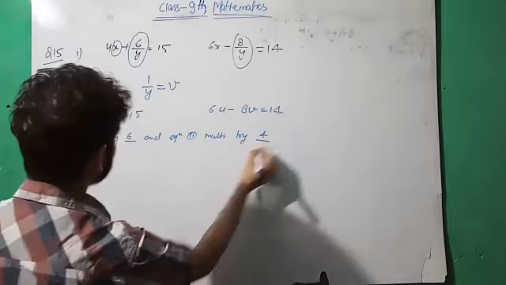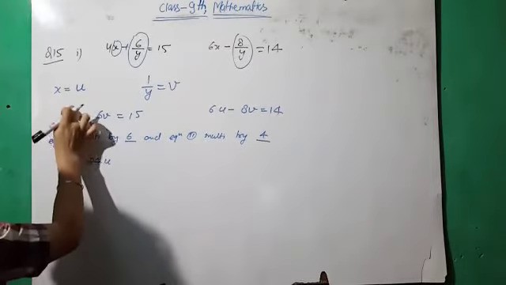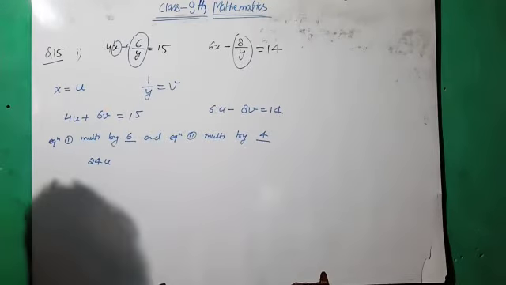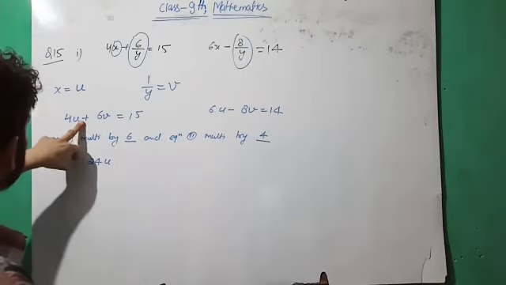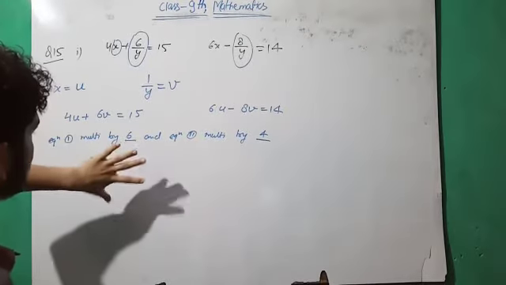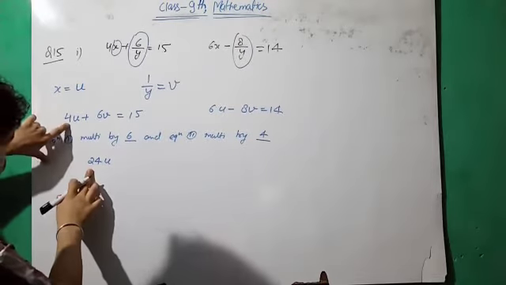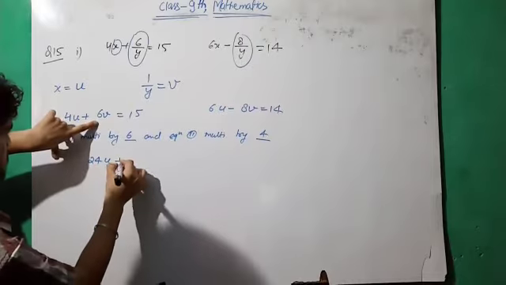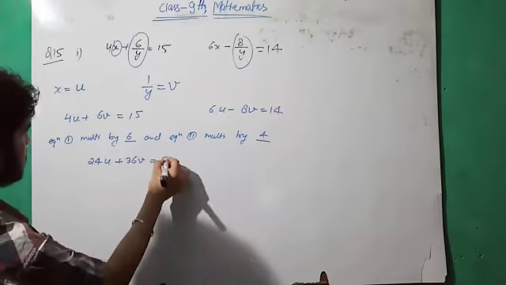You have to equate either u or v in both of the equations, as in the previous question. Here we are going to equate u. So 4 into 6 is 24, 6 into 6 is 36v equal to 15 into 6, 90.